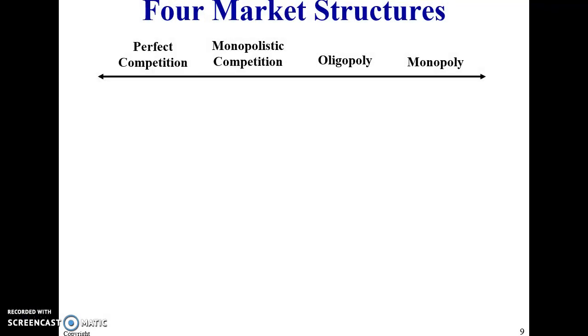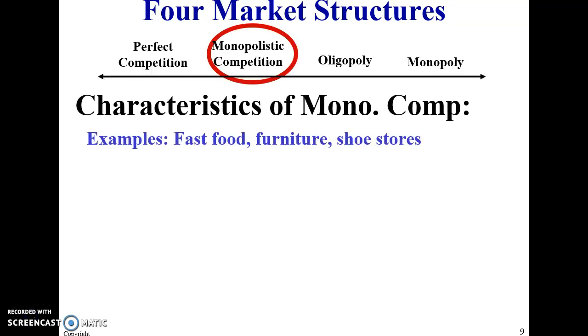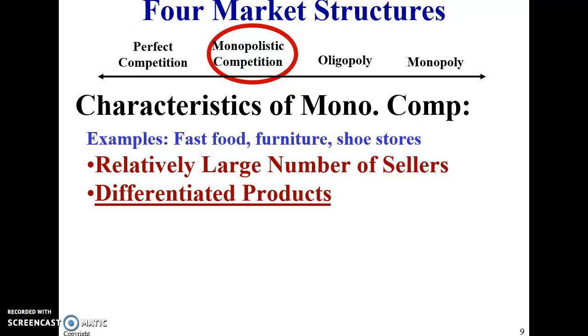The final one is monopolistic competition. And the characteristics of this industry: there are fast food, furniture, shoe stores. There's a relatively large number of sellers. There are a lot of fast food markets out there. And they sell differentiated products. A hamburger is not a hamburger, right?